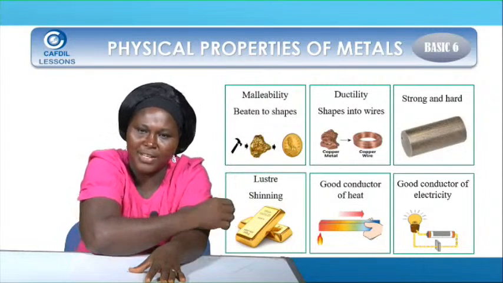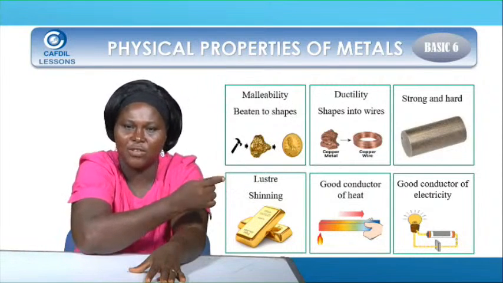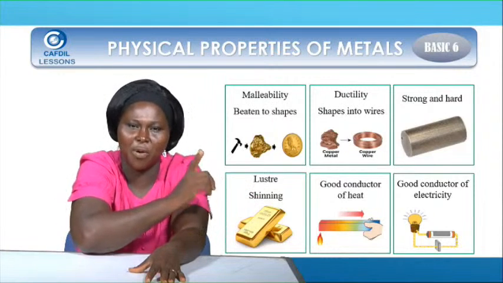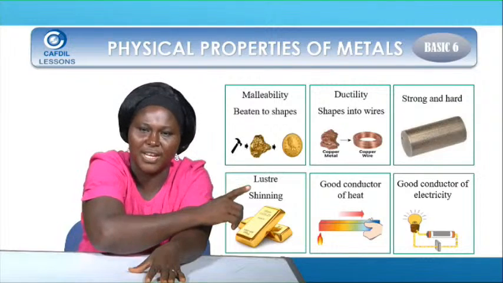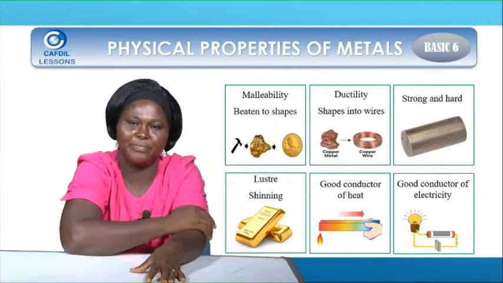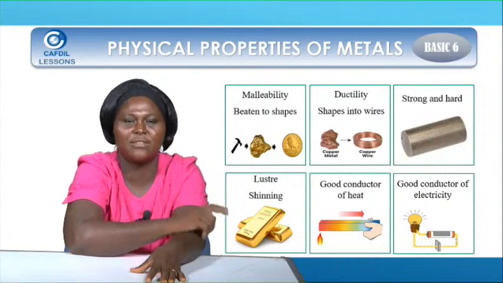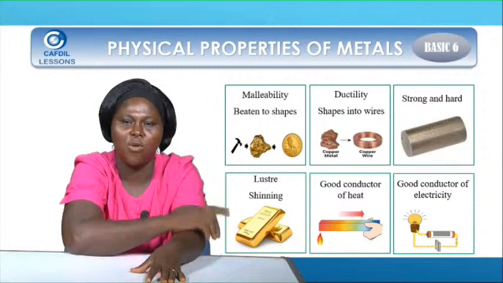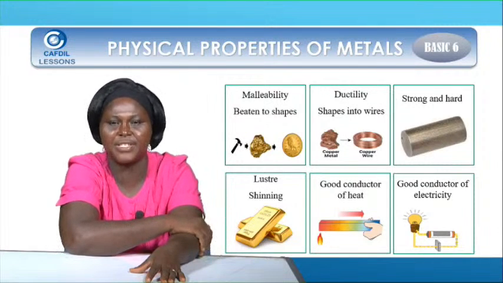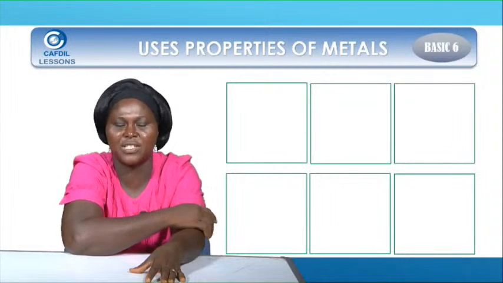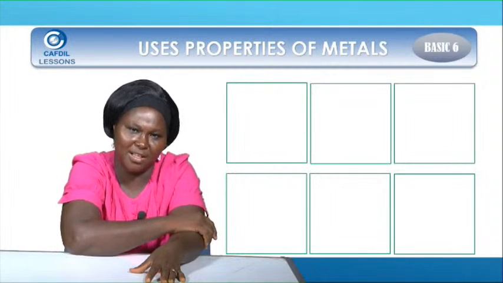One of the properties of metals is what? Good conductor of electricity. And we have copper as a metal which is a very good conductor of electricity. So we have these physical properties of metals.